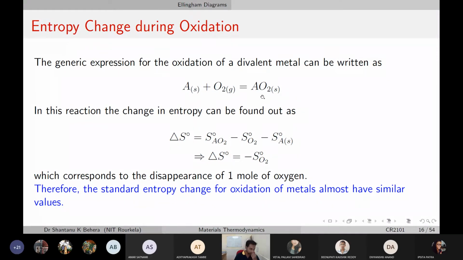All right. Now, if you look at the change in entropy in this whole process, to calculate the standard change in entropy, you take the entropy of the product minus the entropy of the reactants, that's minus S0 of O2 minus S0 of A. And that will be the total entropy change.